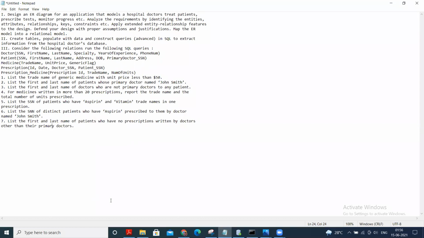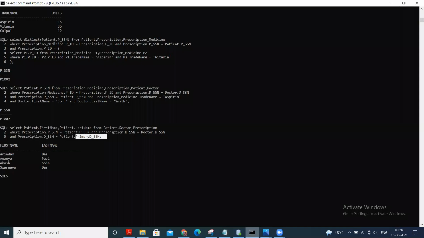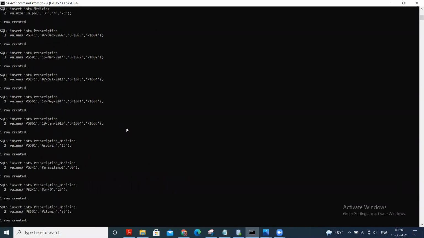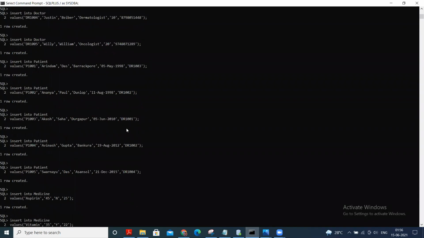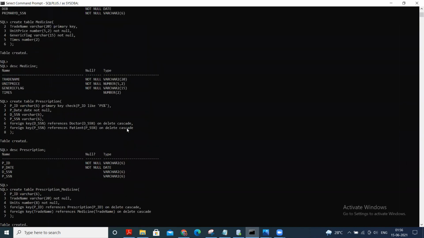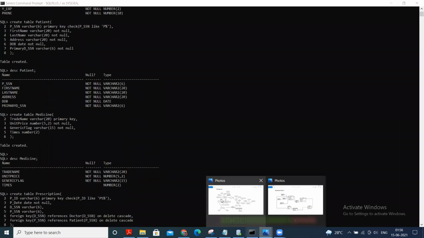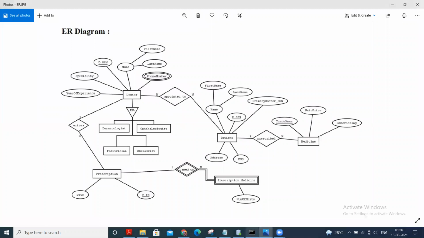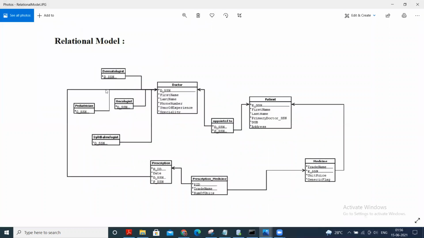So these are the solutions for the queries, and this is the ER diagram, and this is the relational modeling.